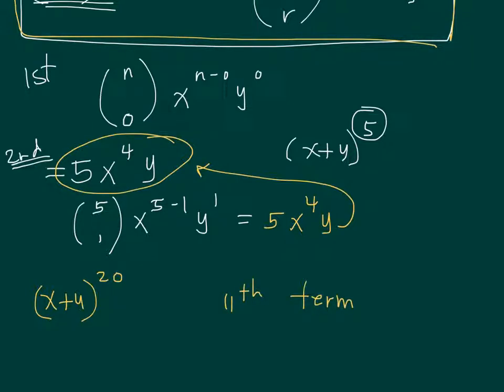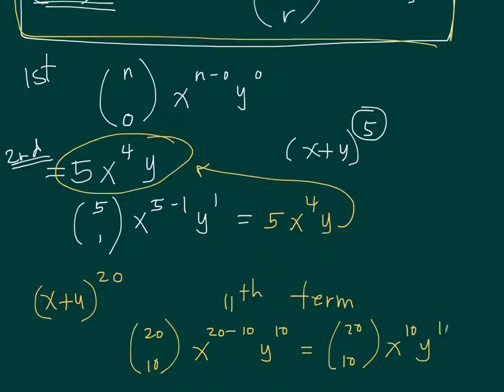I have 20 as my n, and the 11th term means I have to subtract 1 for the r, so this is 20 choose 10, then x to the 20 minus 10, and then y to the 10. And then just compute the value of this. I will not do it here anymore, but you can compute the exact value of 20 choose 10. This is x^10, and this is y^10. And this will be the 11th term.